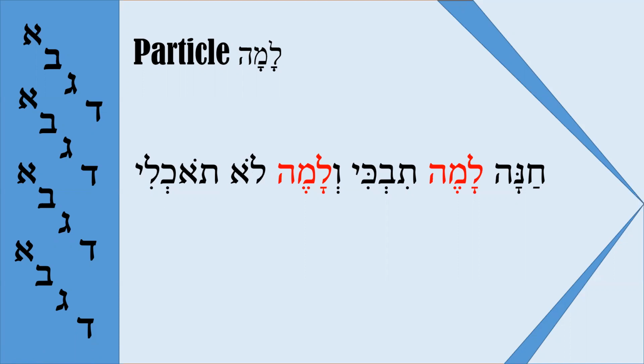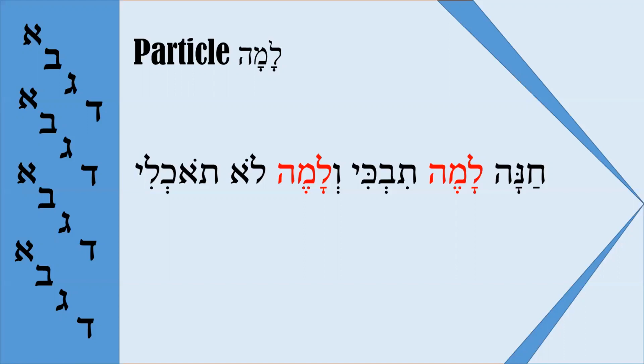Okay, so tivki, what does it mean? What form is this? Yiktol, yes. But who is weeping here? Hannah. Yes, Hannah is weeping, but what is the morphological form?